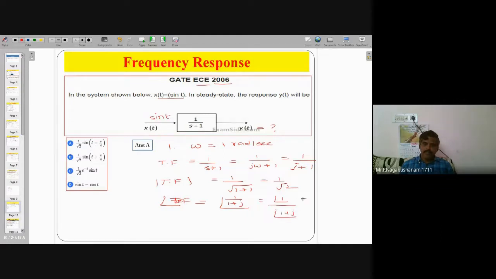I told you the real part phase angle is always 0 degree. It is tan inverse 1 by 1, 45 degree. Again, I will not use that formula. Tan inverse 1 by 1, what is that? It is minus 45 degree.